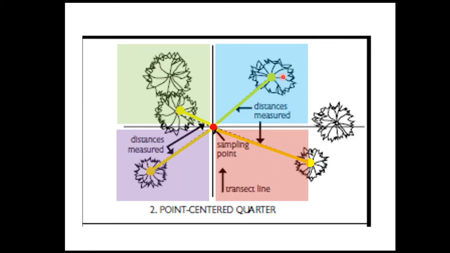So this is quarter 1, quarter 2, quarter 3, quarter 4. Then this is the nearest plant, and you measure it, and then you go up again, get another sampling point, and continue to do the same thing. Try to get all four nearest plants and then get the distances. So that's the second one.